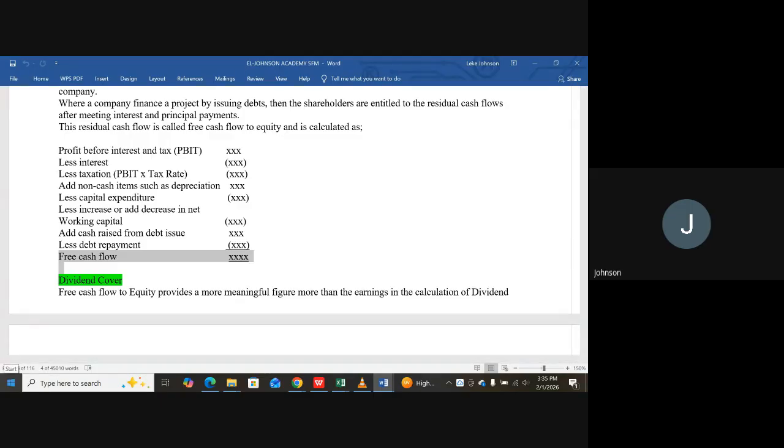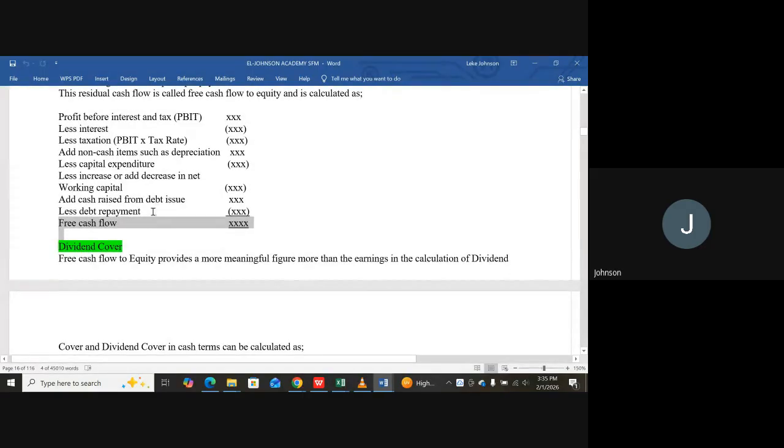Then you less your capital expenditure, you less your increase in working capital, or you add your decrease in working capital. Then the last difference is these two things.